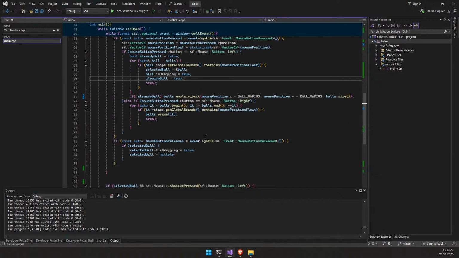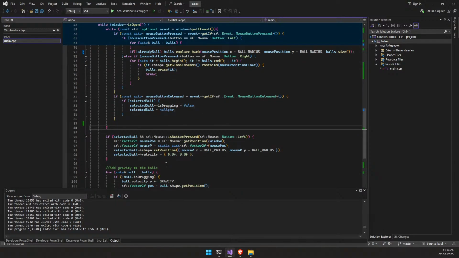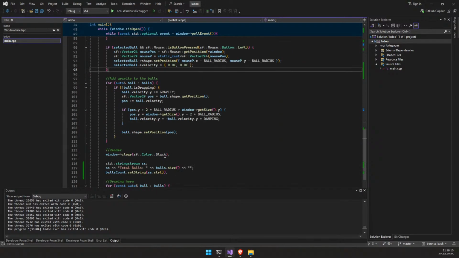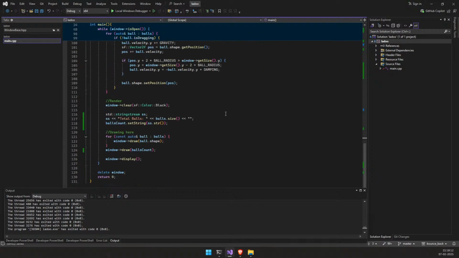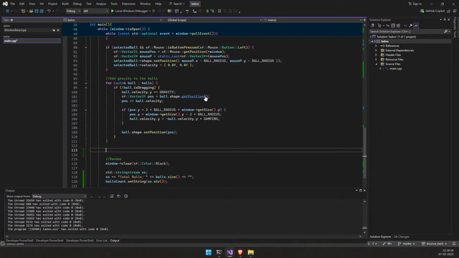So let's check if two balls are intersecting each other or not. You can check that here. Check if balls are colliding with each other.